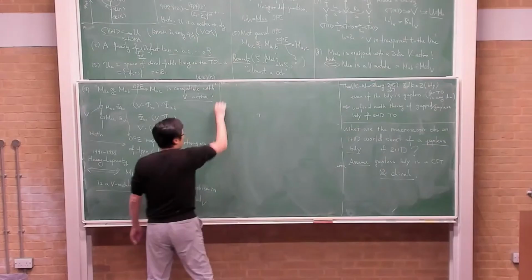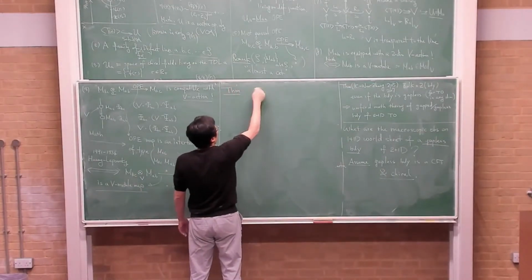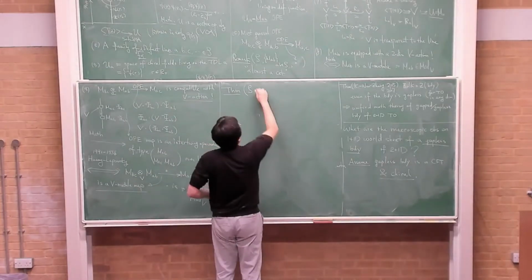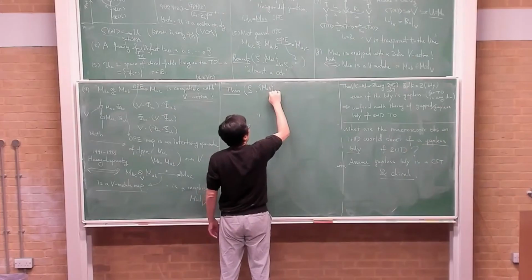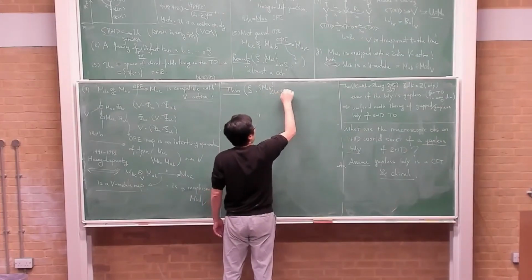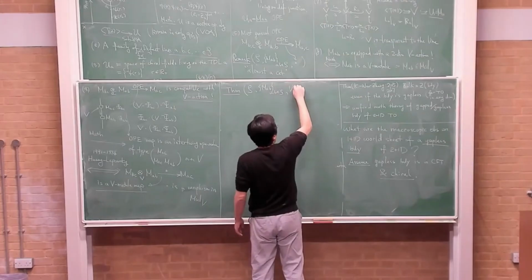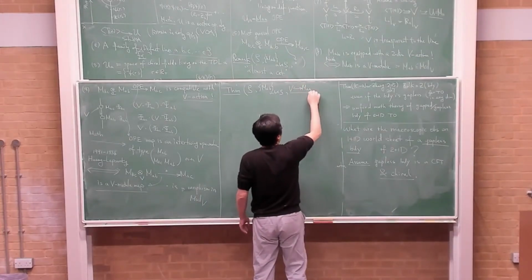Let me summarize. Theorem, summarizing: you have a set of labels S. Then you have MAB, A and B belong to S, okay? And for each MAA, there is a canonical map.